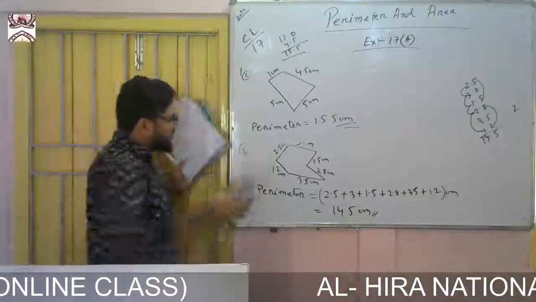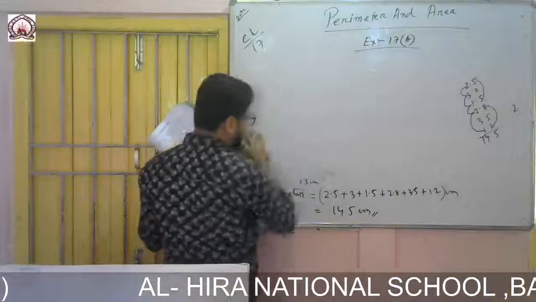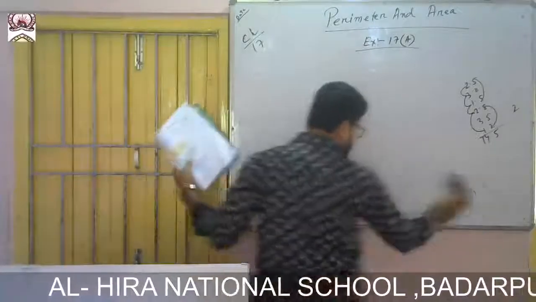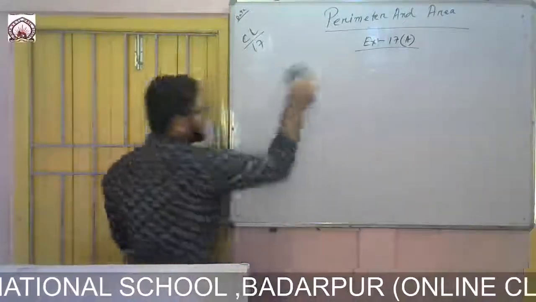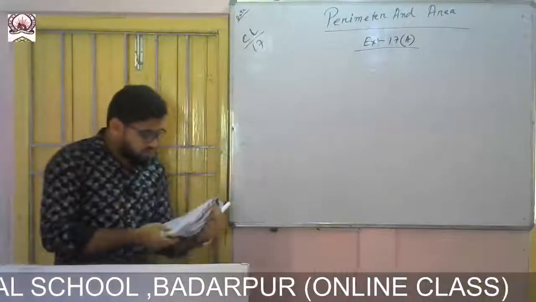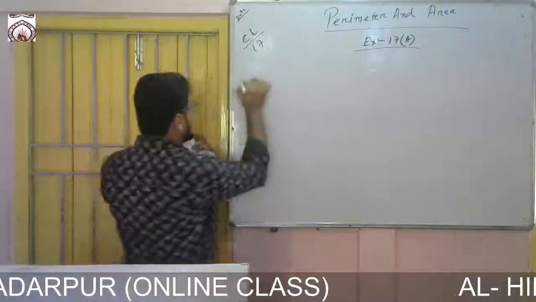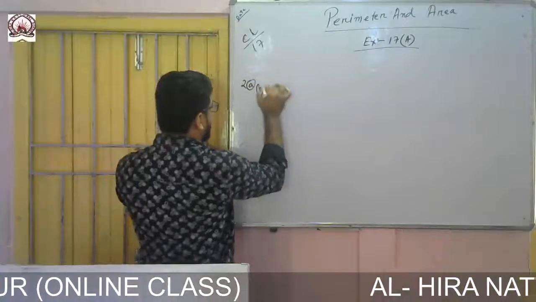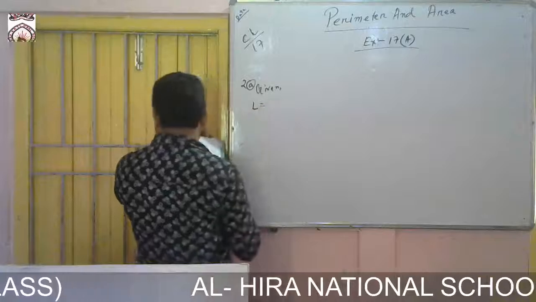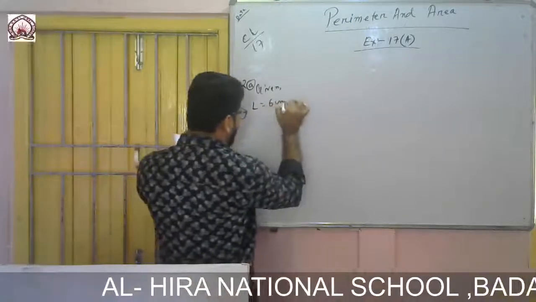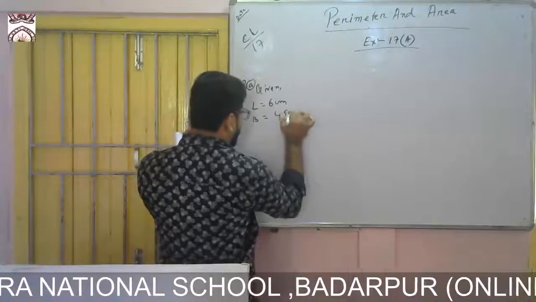So question number 2, you see. Write like this, given 2a. Given L means length, L equals 6 centimeter and B equals 4.5 centimeter.